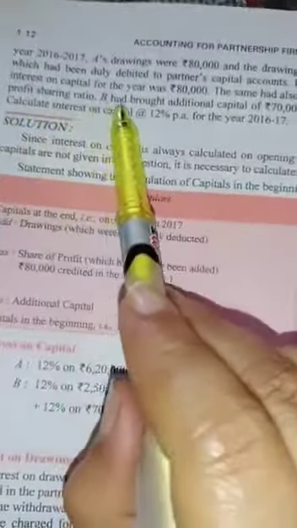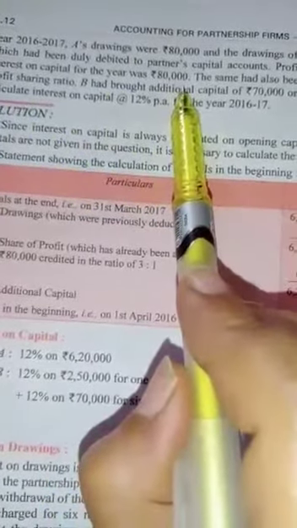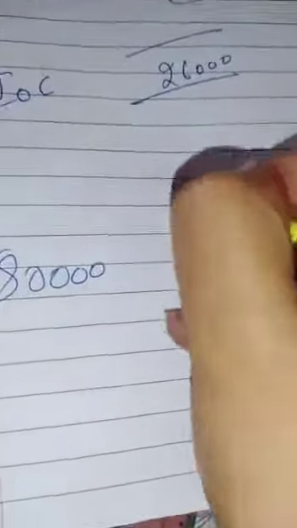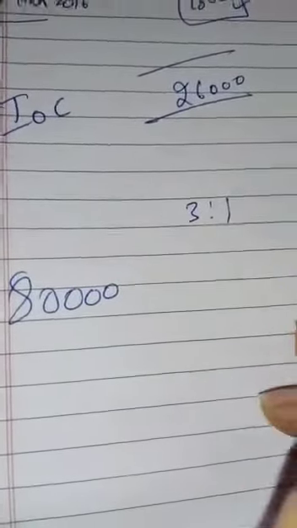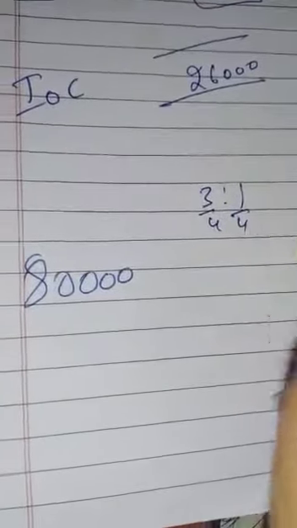Profit before charging interest on capital for the year was 80,000. This is the net profit, and it will be divided between both of them in this ratio. Profit is a total of 80,000 and you have to divide it in the ratio 3:1. How will you divide? 3 plus 1 is 4.